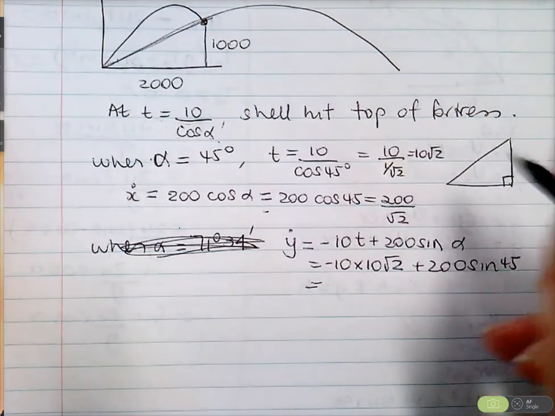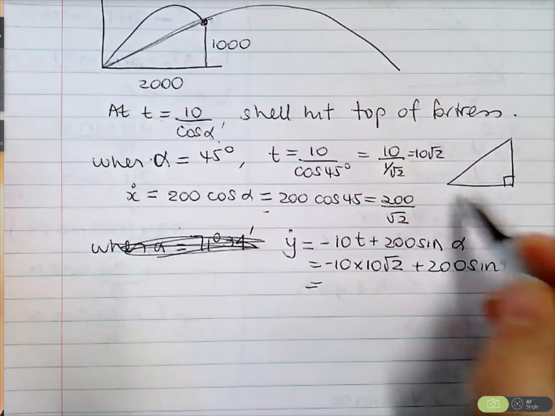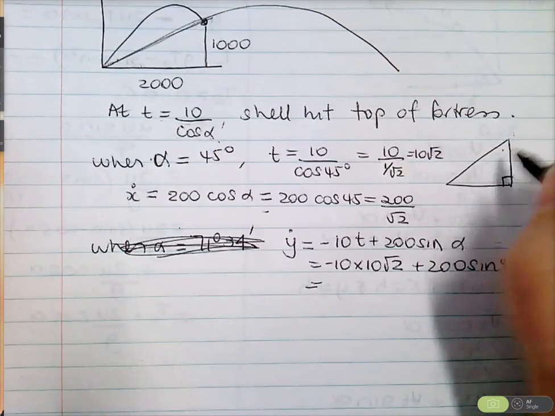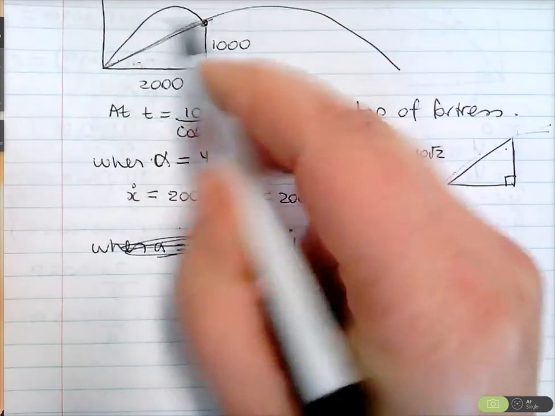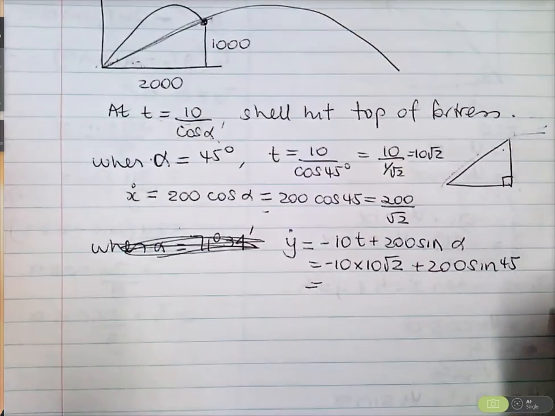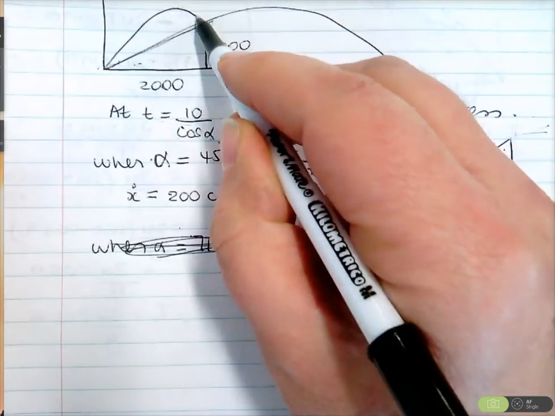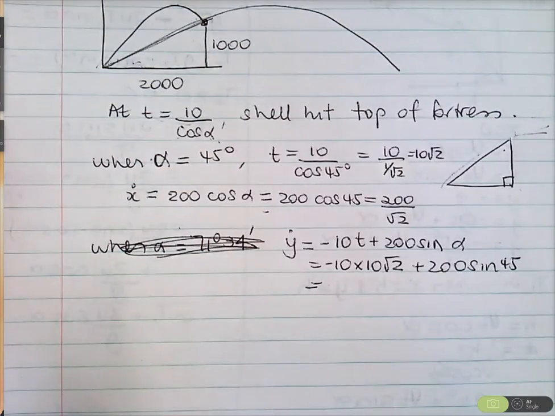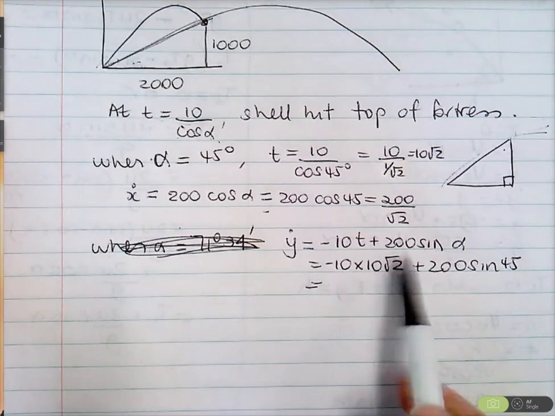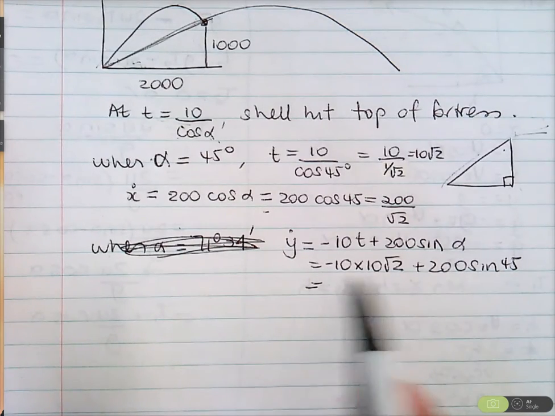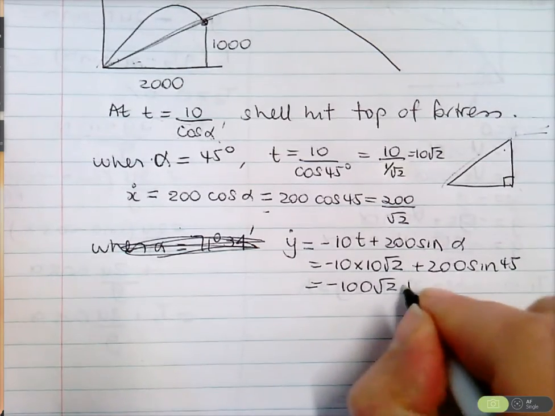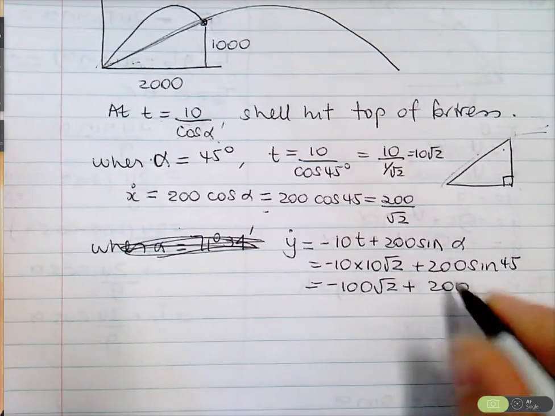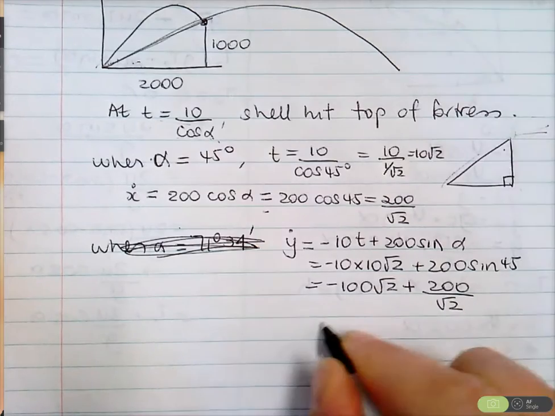You know how we said it's going to hit it on the way up? I'm doing it on the way up, so the triangle looks like that. But on the way down, the triangle's going the other way. So y dot is negative 10t plus that. Putting in the t and the alpha, I get negative 100 root 2 plus 200 over root 2.